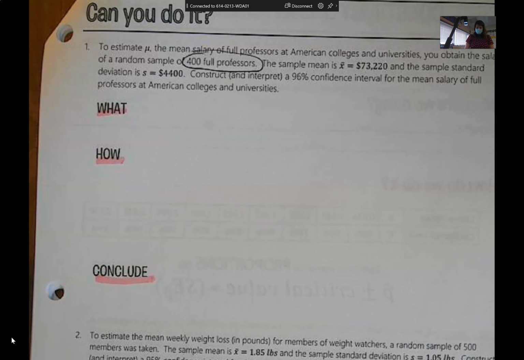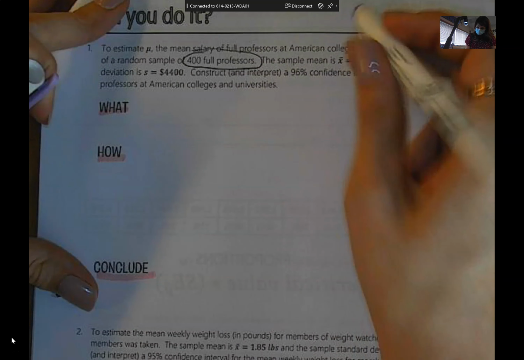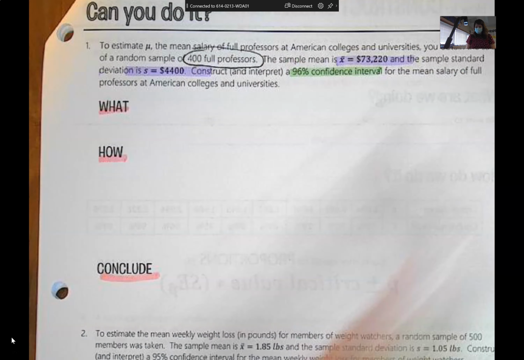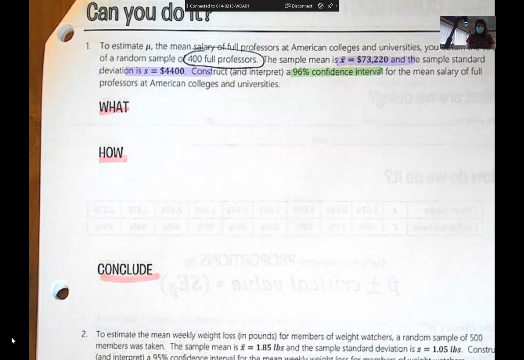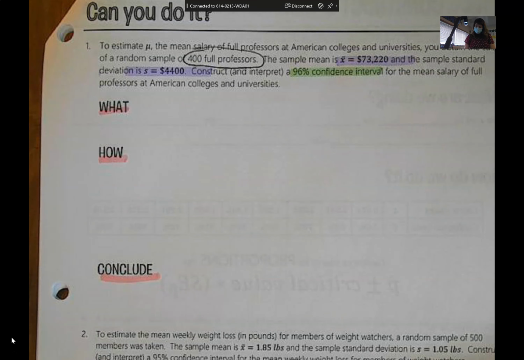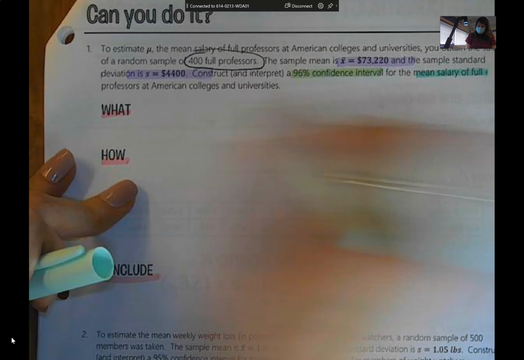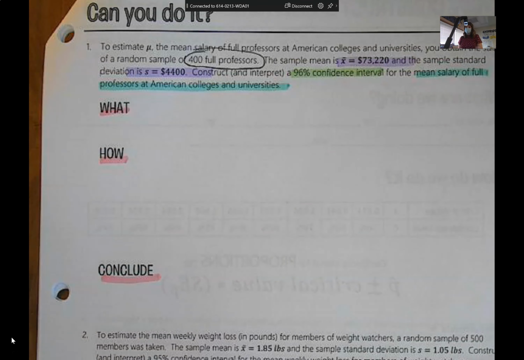So I'm going to highlight those. They want a 96% confidence interval for the mean salary of full professors at American colleges and universities.